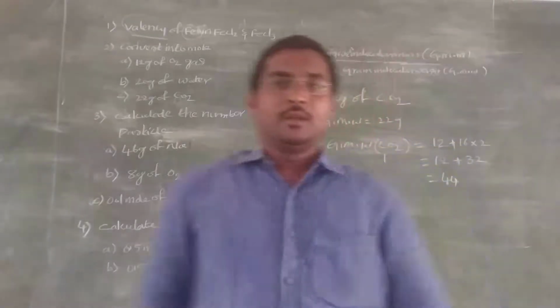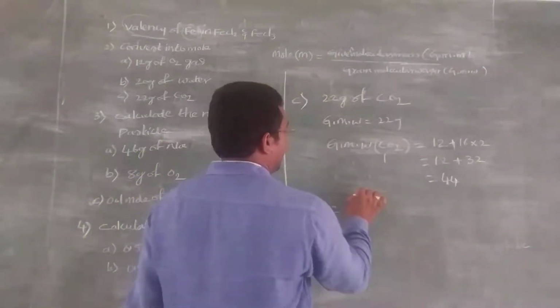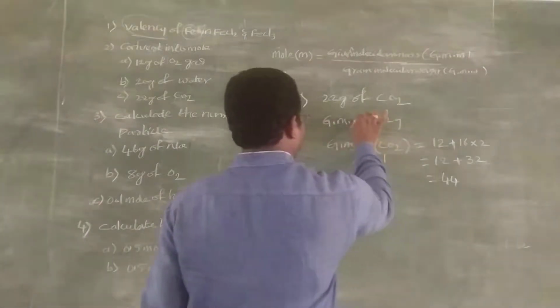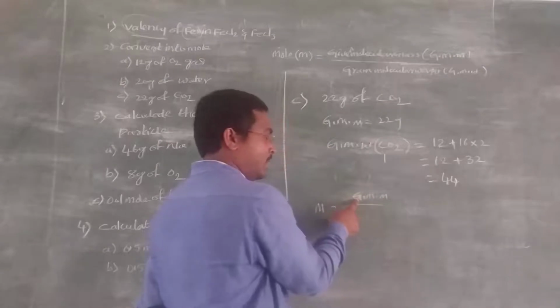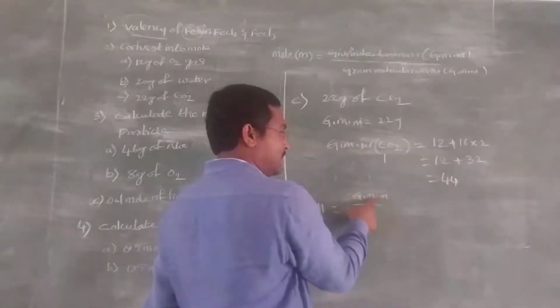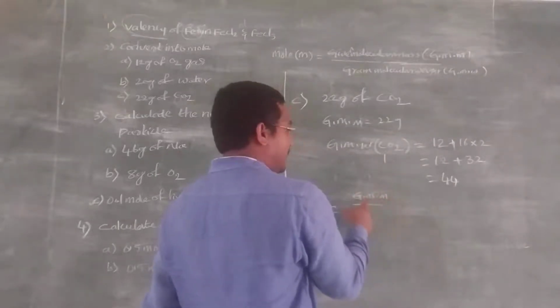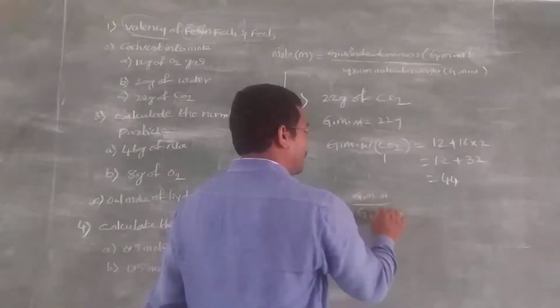Okay. So write down the formula here: mole is equal to given mass by gram molecular weight.